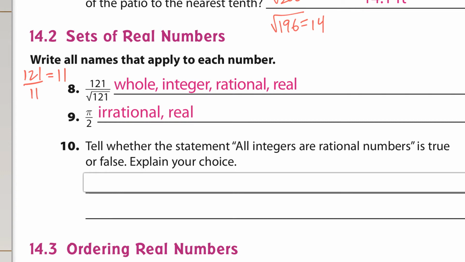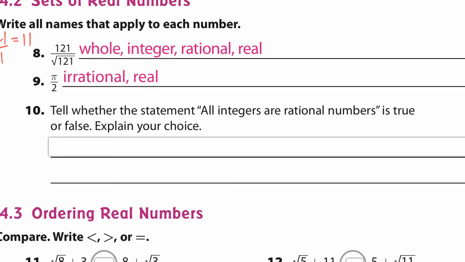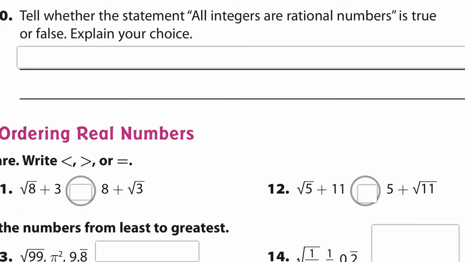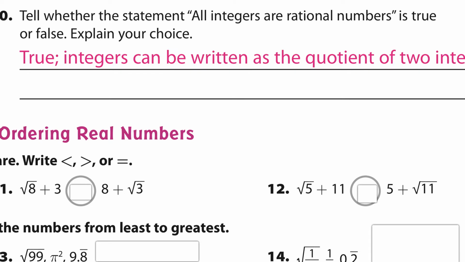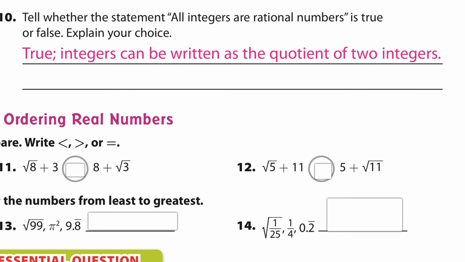Tell whether the statement "all integers are rational numbers" is true or false. Let's see. All integers are rational numbers. Yeah, they are. The integers can be written as a quotient of two integers.